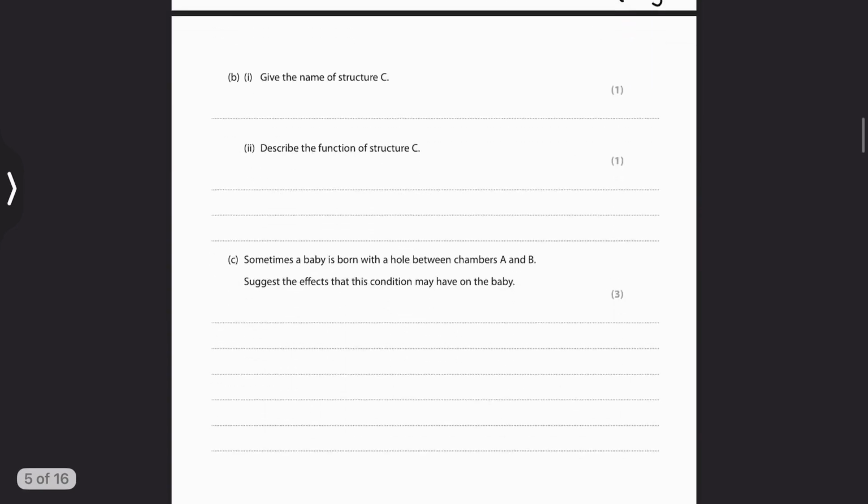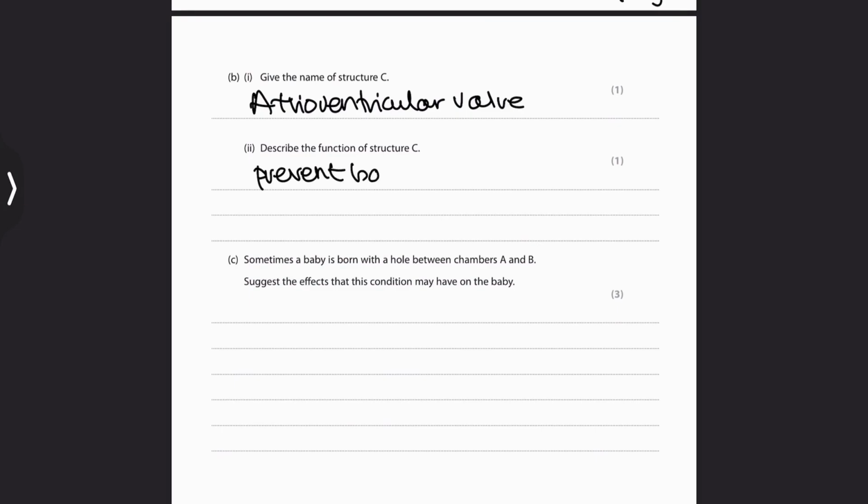So this would be atrioventricular valve, and that is to prevent backflow of blood. If there's one key word or keywords you associate with valve, it is to prevent backflow of blood.